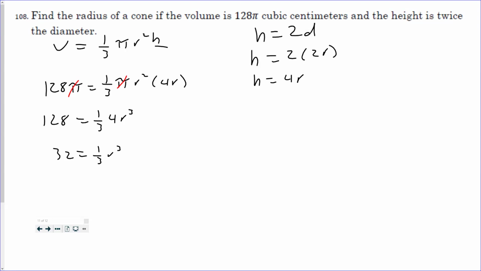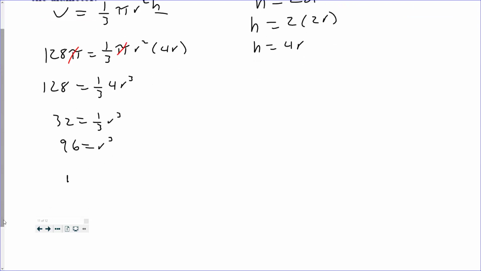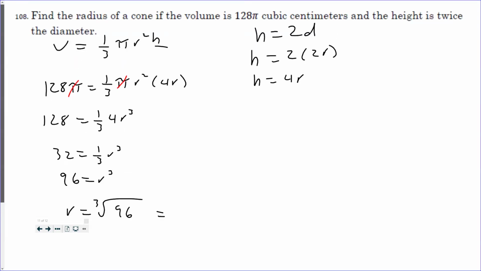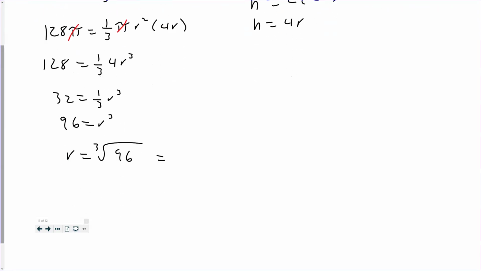Times the 3 over, 96 equals r cubed, and the cube root of that, well, it's about 4.57, but I think once in radical form, and that's what we're going to do. We're going to leave it in radical form. So we're just going to reduce 96, find the prime factorization of 96.